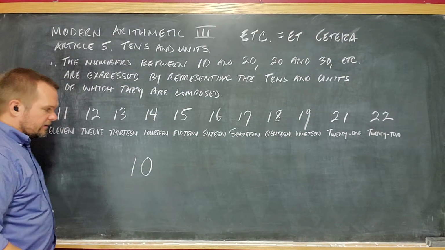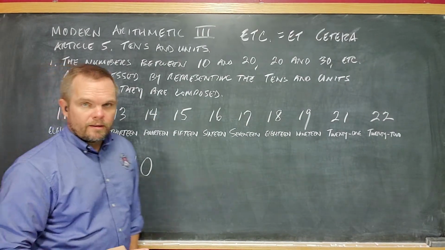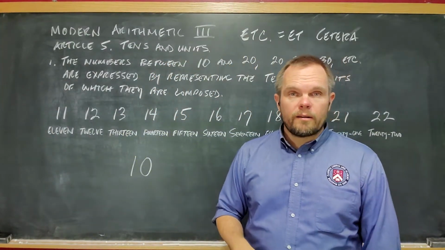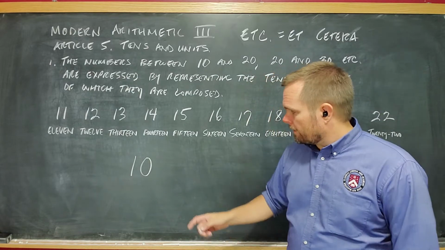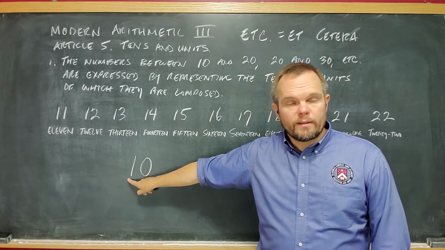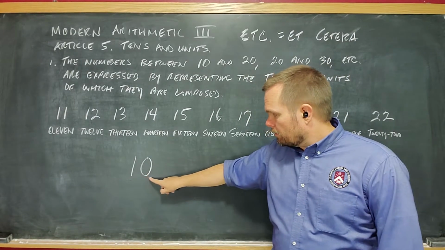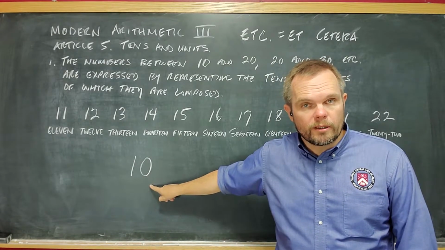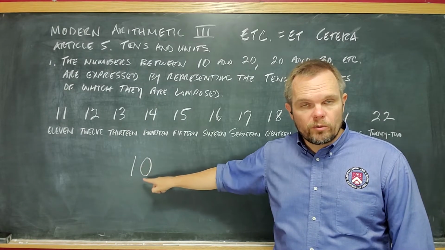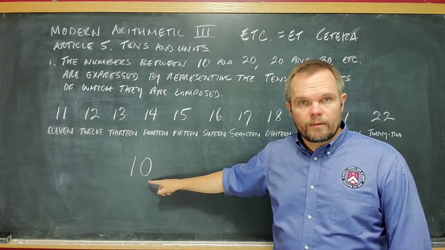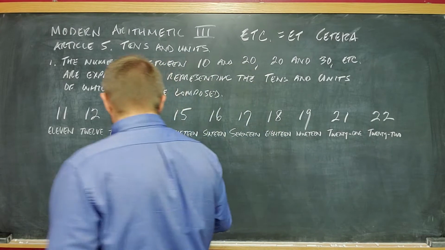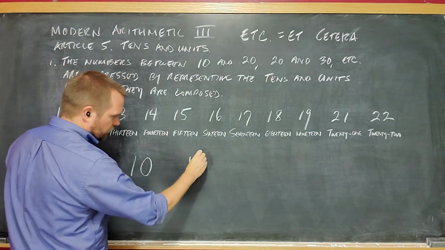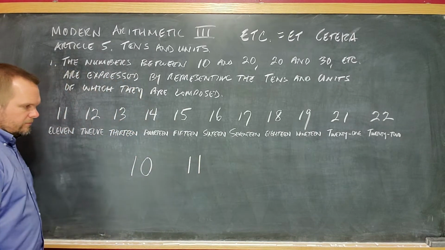Well, what happens if we take the number 10 and add 1 more unit? It's very simple. We're going to have 1 ten, but instead of 0 units, there's going to be 1 unit, because we're adding 1 unit to 10. So all that we're going to do is write 1 ten and 1 unit.